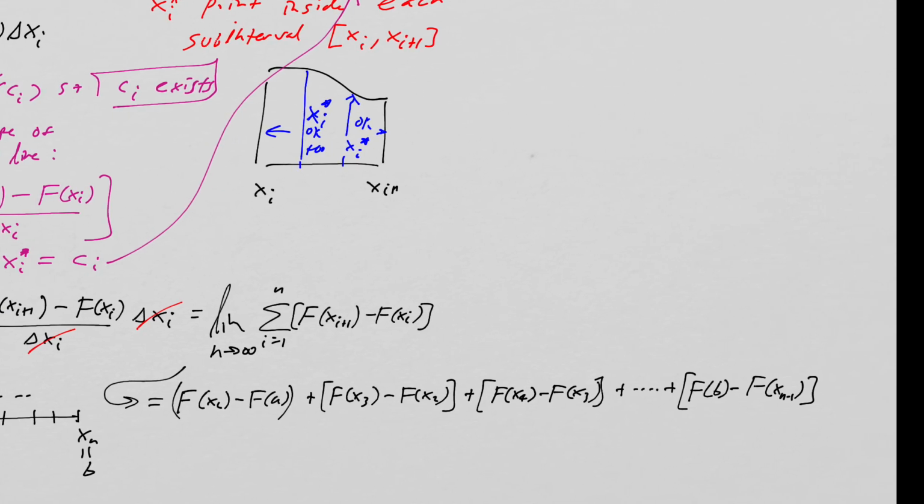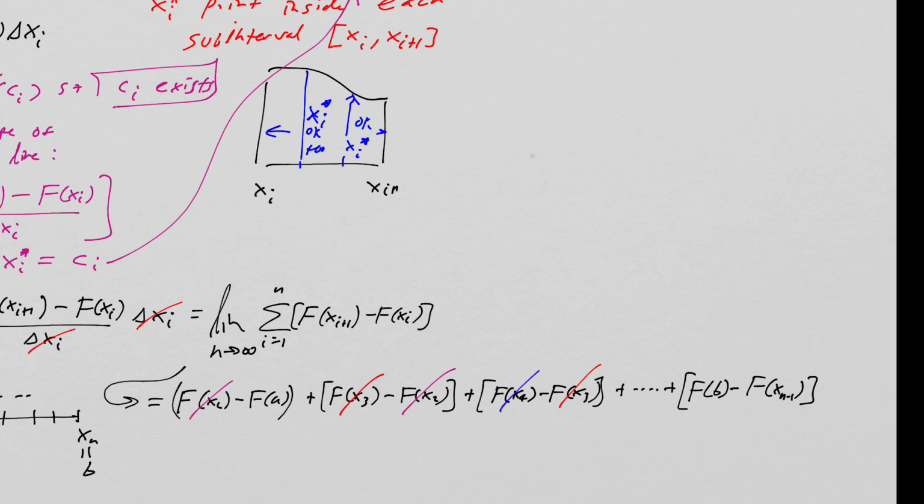All right, and we can see here by looking at this very, very long sum that the x2 is going to cancel with that x2. The x3, that'll cancel with that x3.